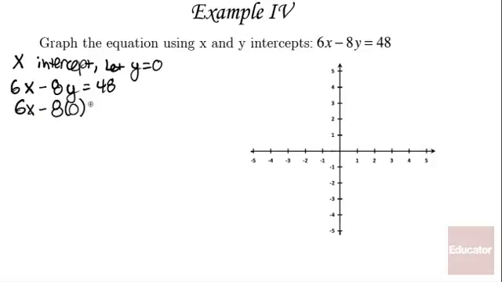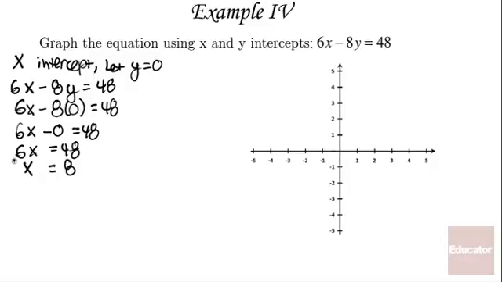So my y value will be 0, and that's going to give me 6x minus 0 equals 48. So my y term dropped out, and I have 6x equals 48. Isolate the variable x by dividing both sides by 6, and I get x equals 8. So x equals 8 is my x-intercept.